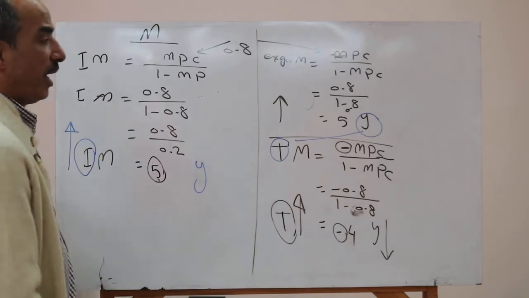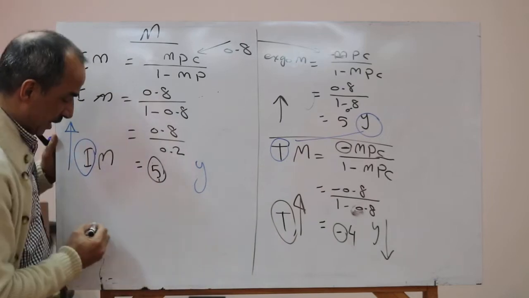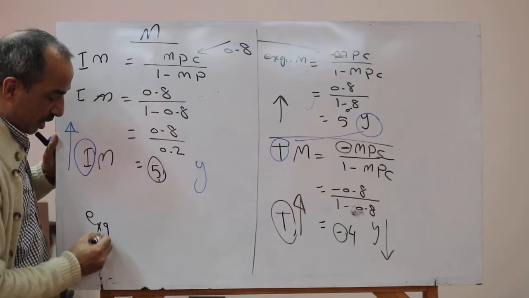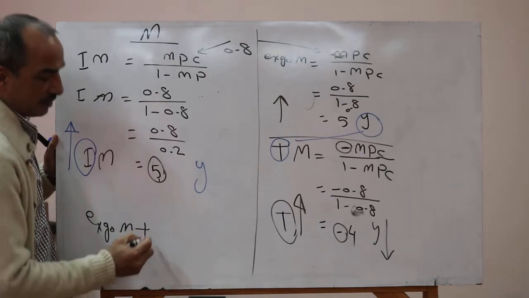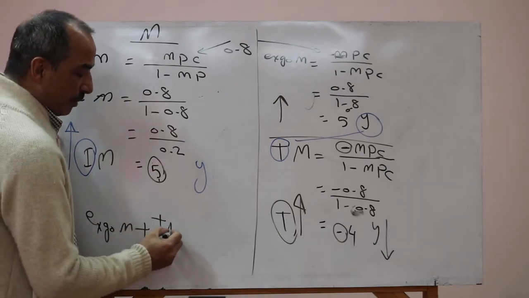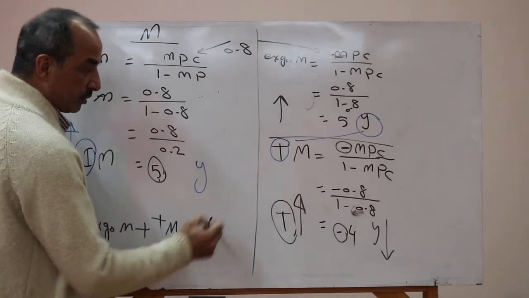And the government expenditure multiplier plus the taxes multiplier must equal 1.